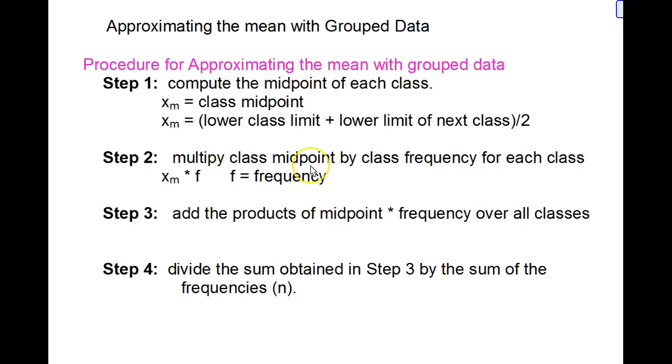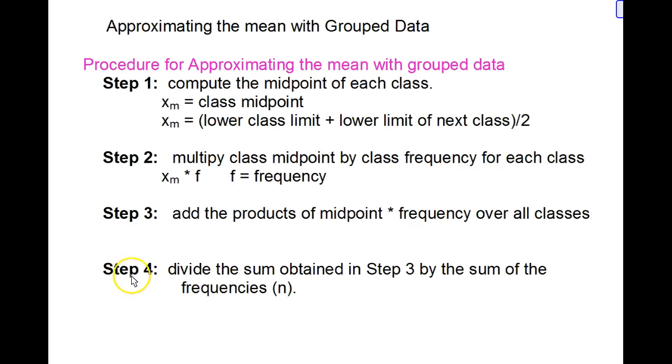In other words, those numbers that we got in step 2, we're going to add those up. And in step 4, we're going to divide that sum by the sum of the frequencies. So we're going to add up all the frequencies. When we add up all the frequencies, that is our n, our sample size.